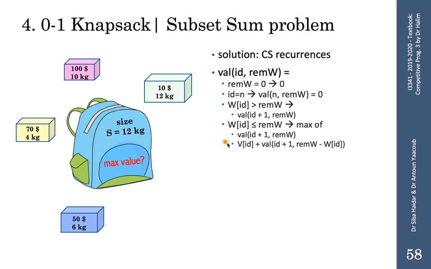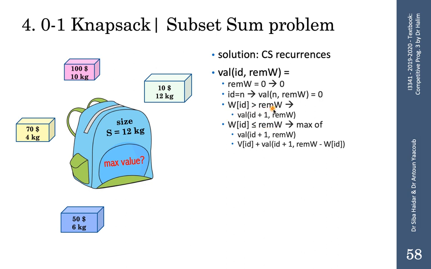The recurrent cases can be divided into two sorts. Either with the remaining weight I can pick this current item, which means that the weight of this current item is less or equal than the remaining weight, so I have an option to take it or not, or I do not have an option.